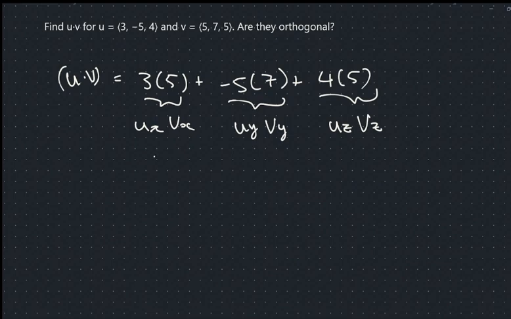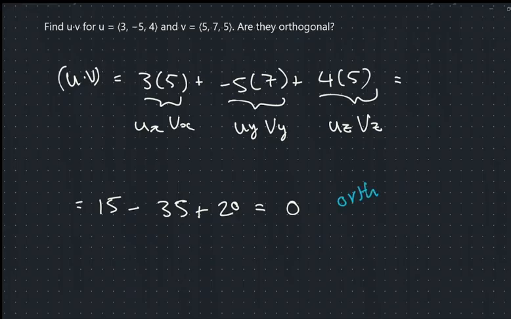So let's find it. 3 times 5 is 15, minus 5 times 7 is just 35, plus 4 times 5 is 20. When you attempt to plug it in the calculator, you will actually get 0 as well. And since it's 0, we can say that these two vectors are indeed orthogonal.